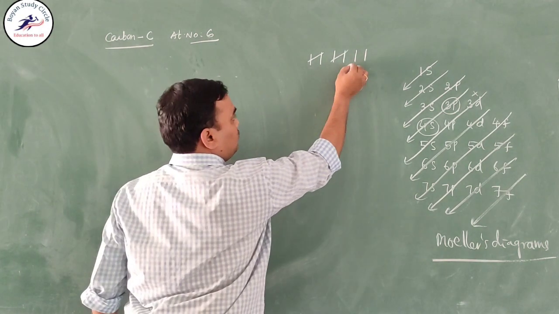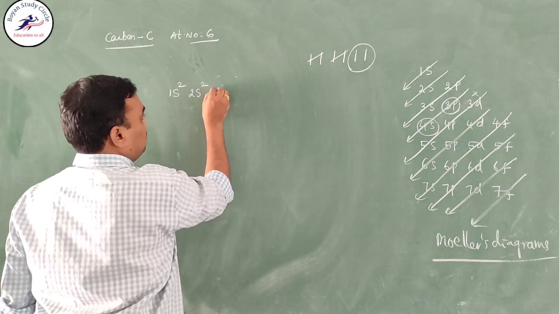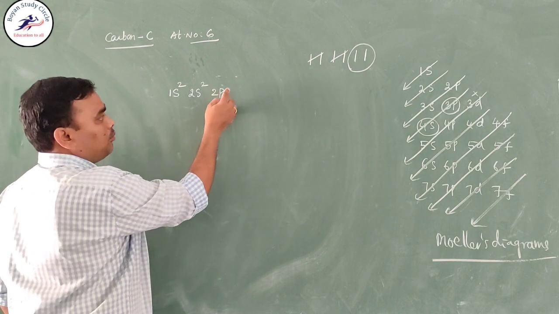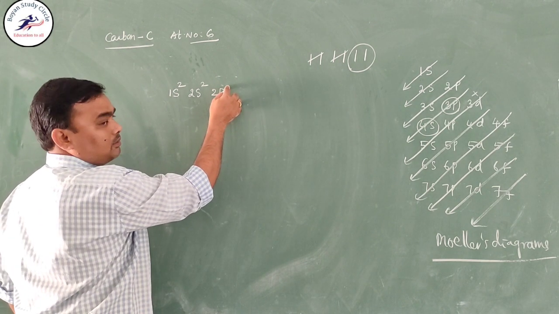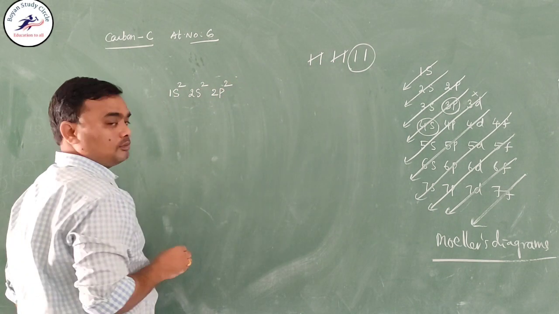How many are left? 2 left. The next orbital is 2p. In 2p a maximum of 6 can be filled, but here how many are available? 2 available. So you can write 2p2.